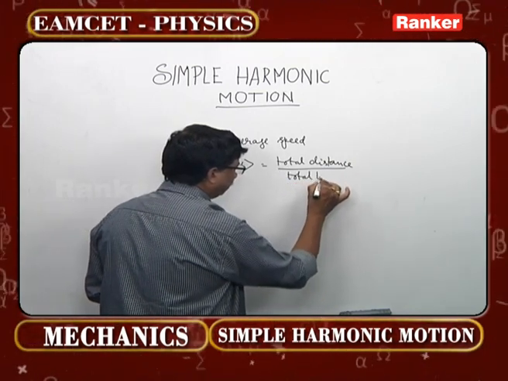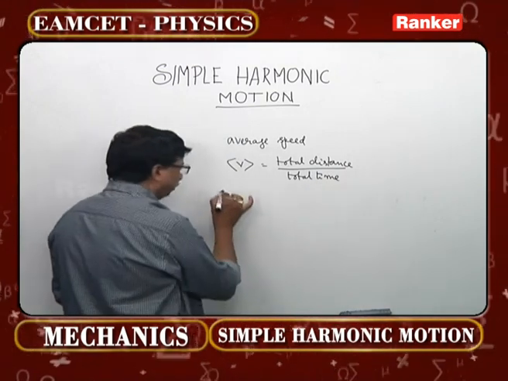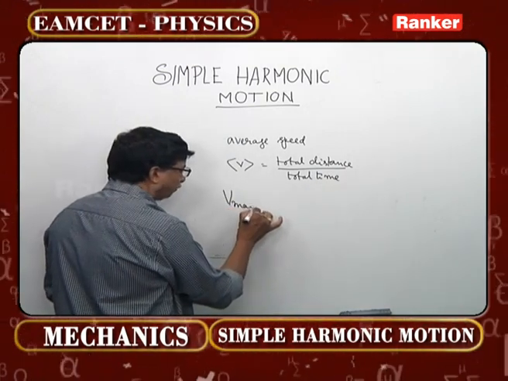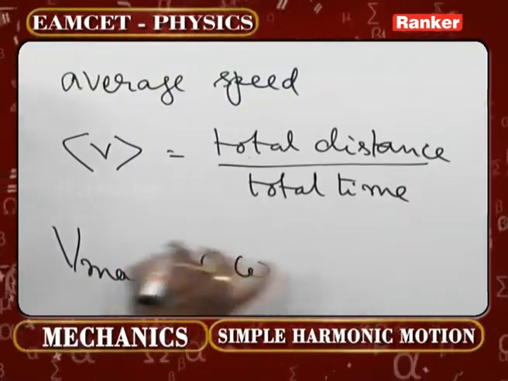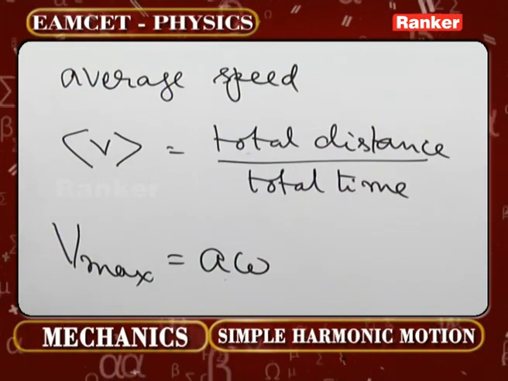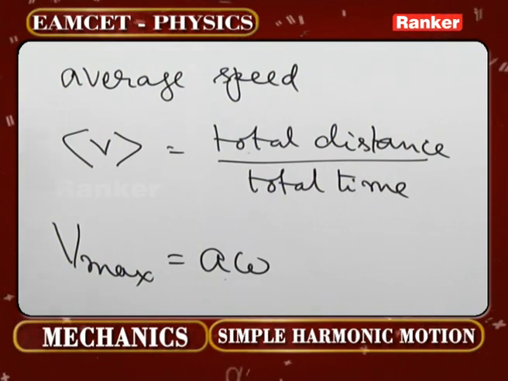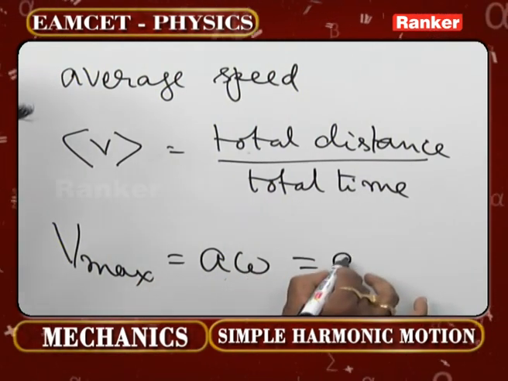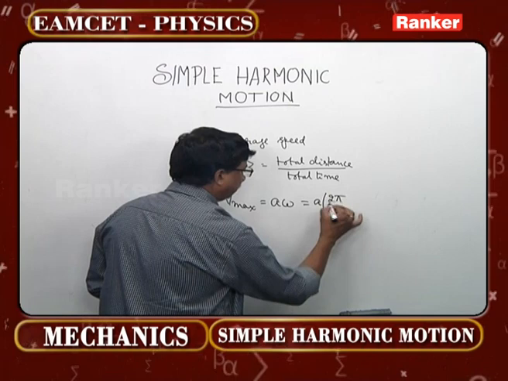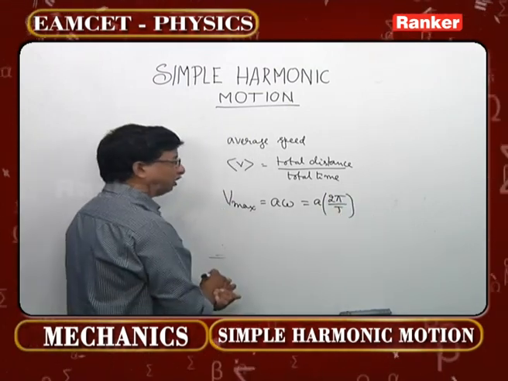That is actually the concept. And of course we know the maximum velocity is A omega. Now here the question is, average speed we want in how many oscillations? Of course A omega can be written as A into 2 pi by T.